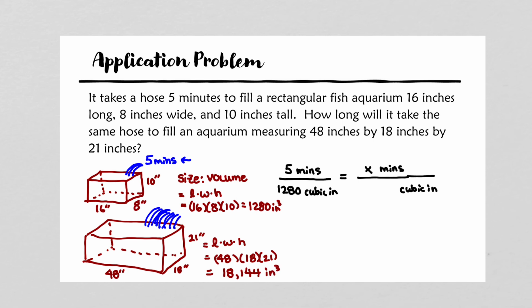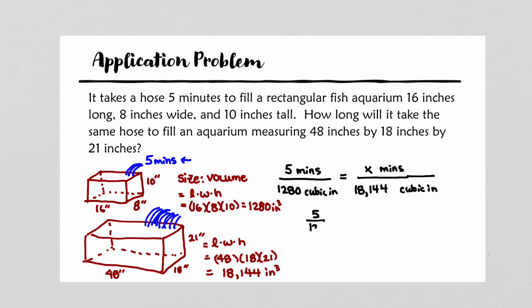So that will become the value on the right side of my proportion in the denominator, 18,144 cubic inches. My proportion, 5 minutes is to 1,280 cubic inches, as X minutes is to 18,144 cubic inches.